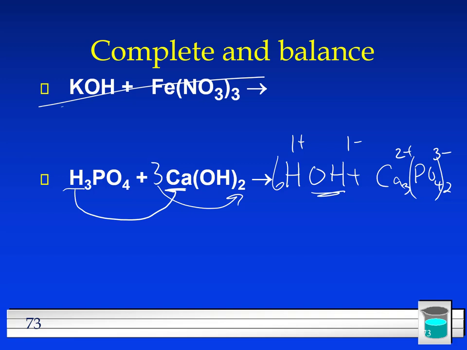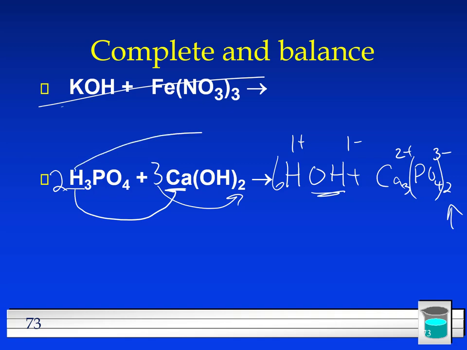That gives me 6 hydrogen. To have 6 hydrogen, I'd have to put a 2 in front of H3PO4. That gives me 2 PO4s, which I wanted anyway. So this equation is now balanced.